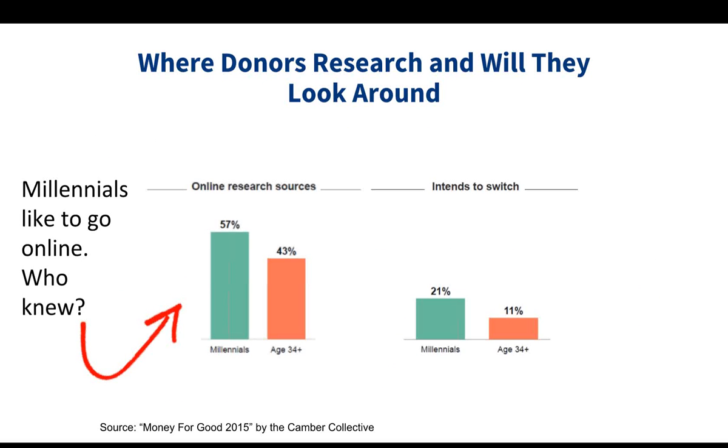But that shouldn't be just relegated to millennials, because it's almost 50% of everyone else too. So just in general, more people spend more of their time online, and that's the way that they research and the way that they think about their giving. And then there's another good chunk of folks who intend on switching.